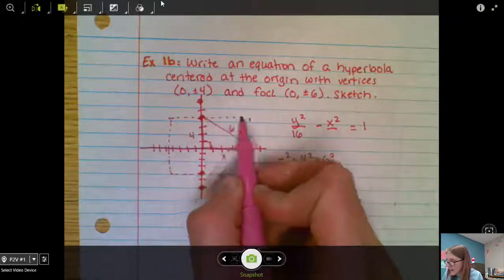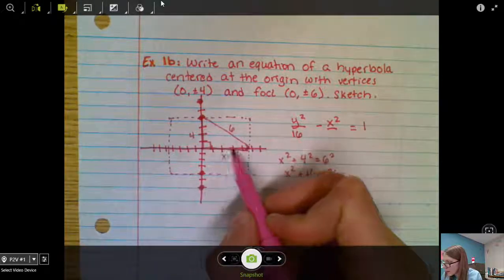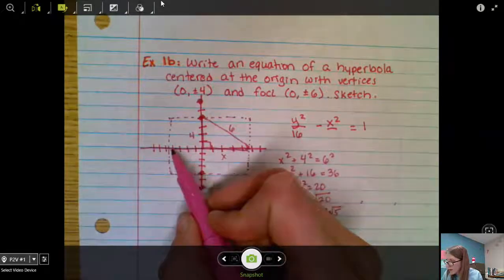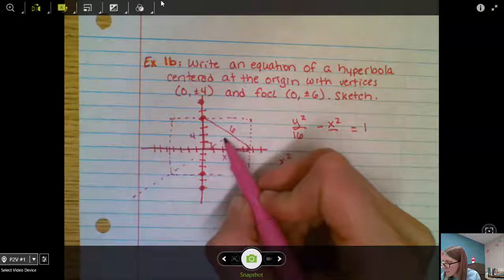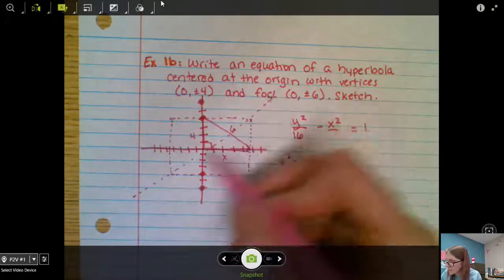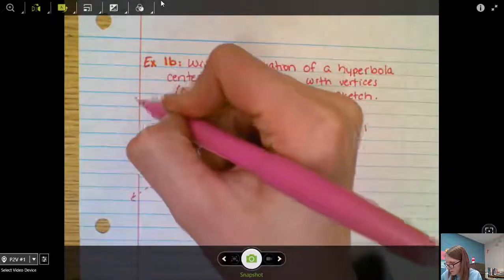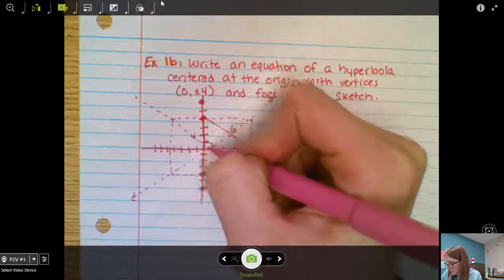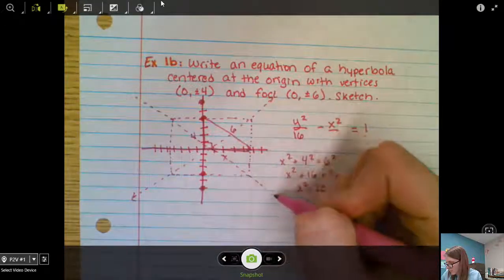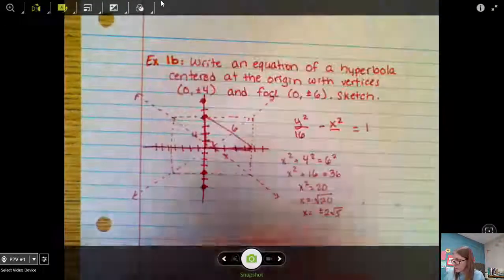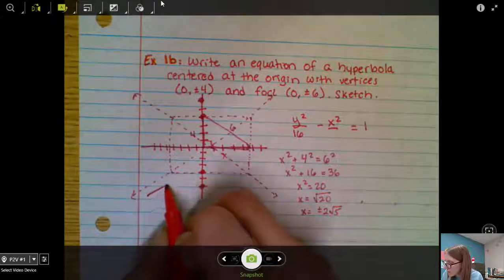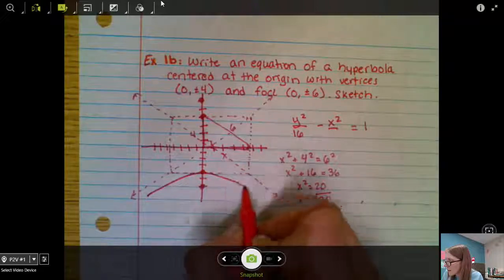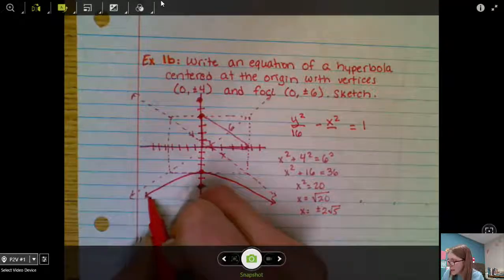And keep in mind that that central rectangle is important because those diagonals give us the asymptotes for our hyperbola. And that lets us draw in our hyperbola the rest of the way, finishing off our sketch.